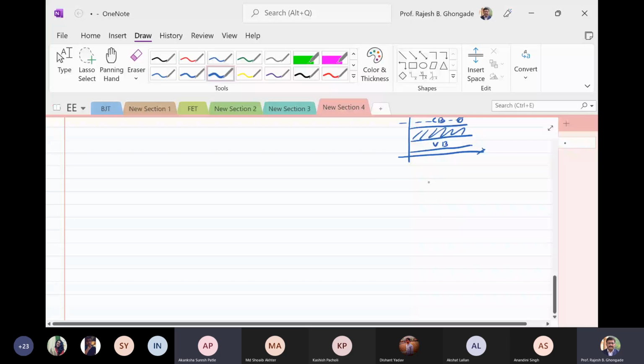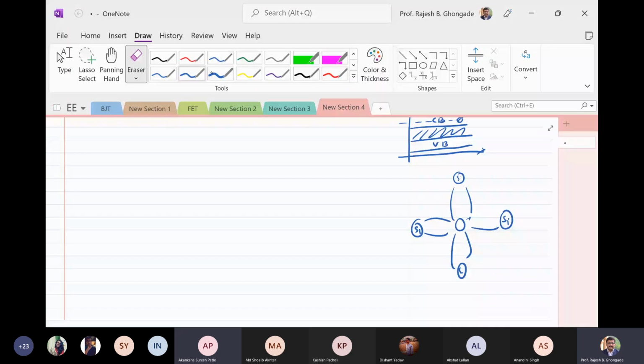So you have, let us say this is silicon, this is something else, this is silicon. Say trivalent impurity.